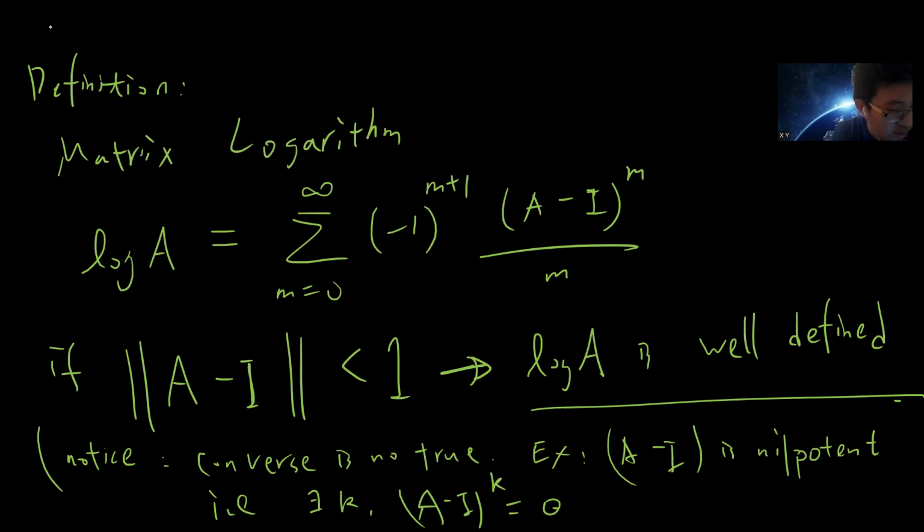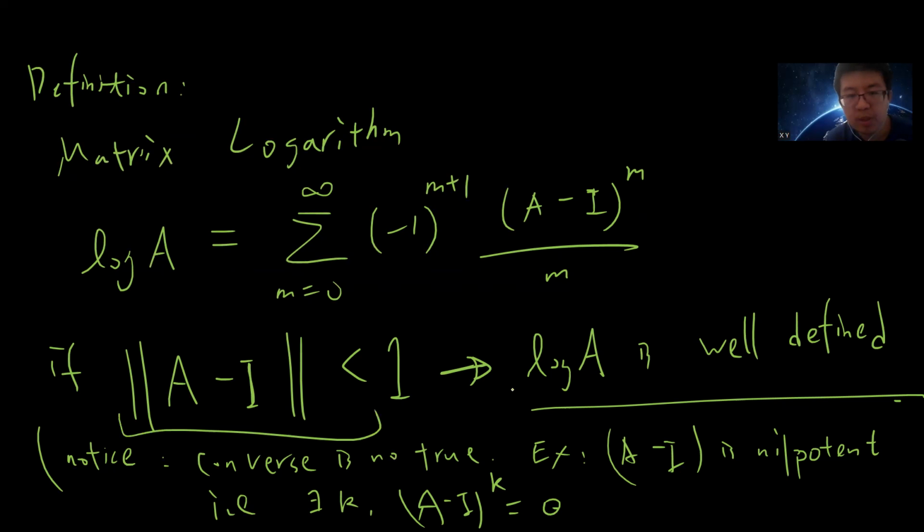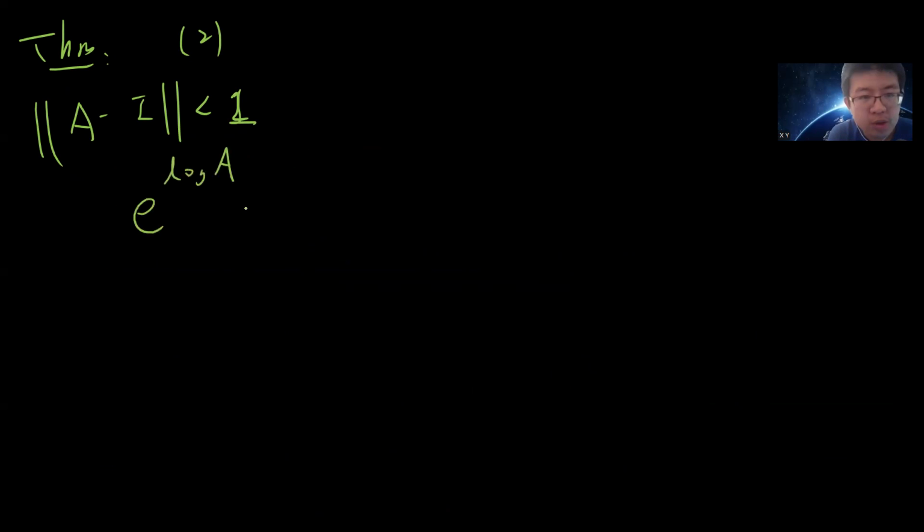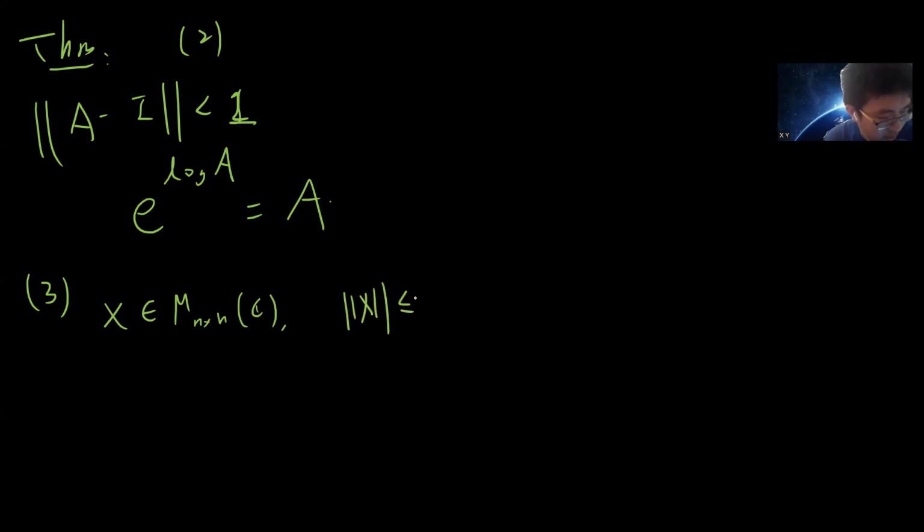Okay, so there is a theorem, which is very simple. Previously we used the previous lemma, and then we can use the Weierstrass M-test, so we know that log A is defined. So the theorem says that if the norm of A minus I is less than 1, we can use the second one to say that exponential of log A is A. And we can use a lemma: say somebody gives you X, a matrix, and the norm of X is less than log 2, then we always have the norm of exponential X minus I less than 1.